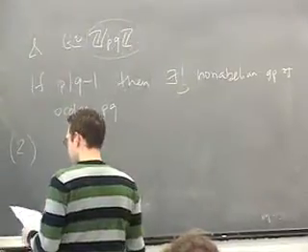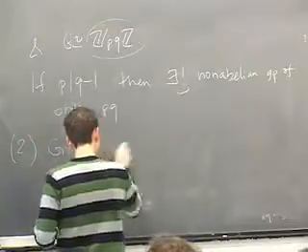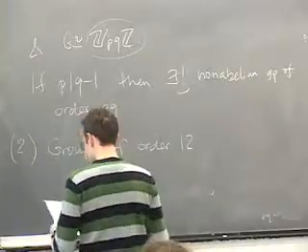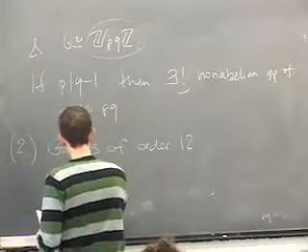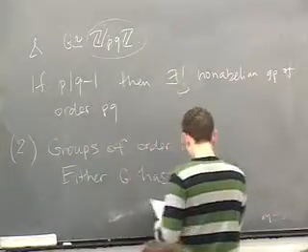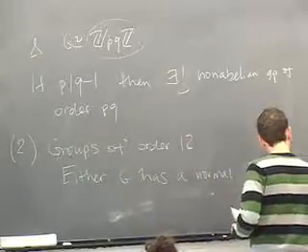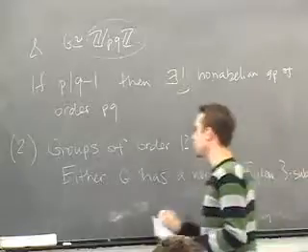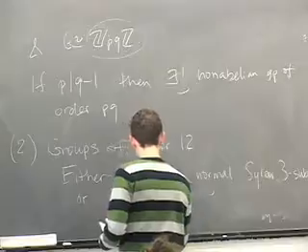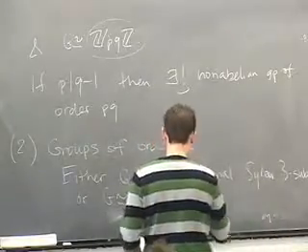So the second thing that you read about in the book is groups of order 12. And with groups of order 12, you can show that either G has a normal Sylow 3 subgroup, or G is isomorphic to A4, which has a normal Sylow 2 subgroup, so this is good.